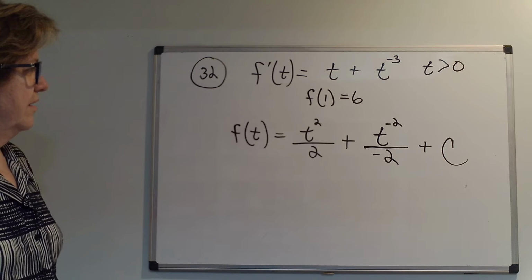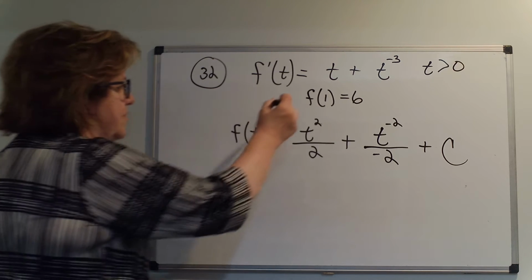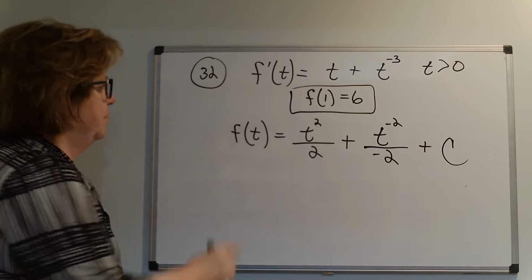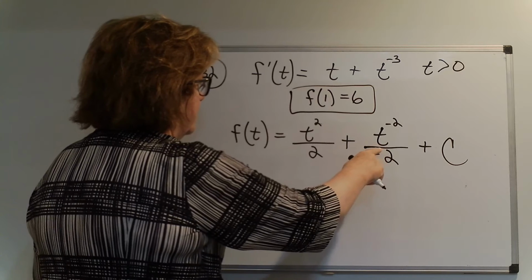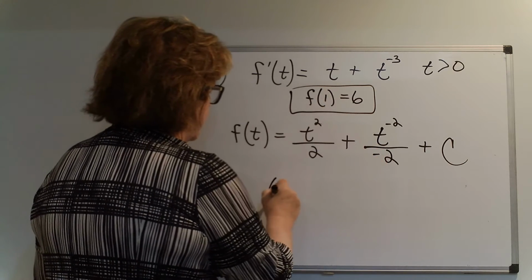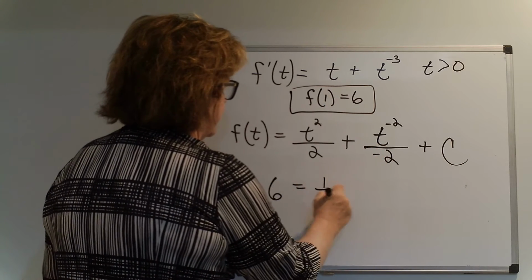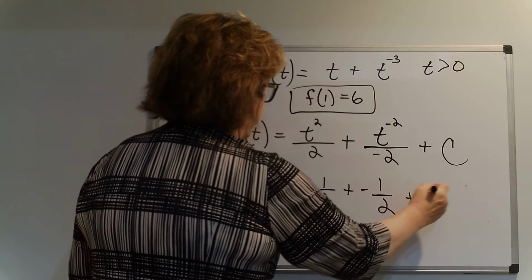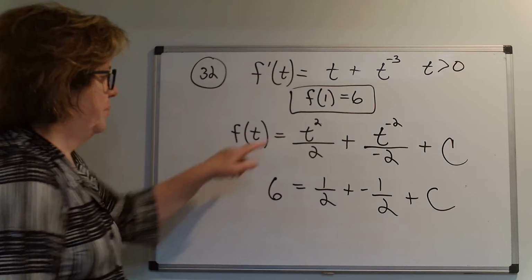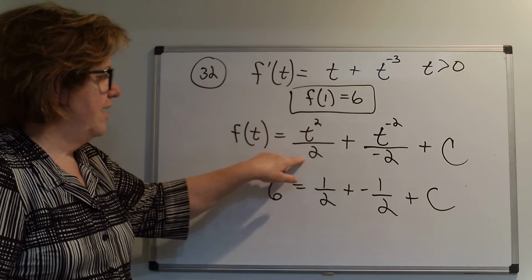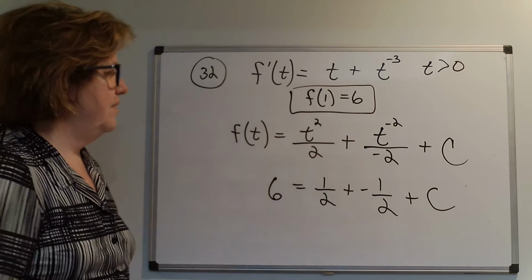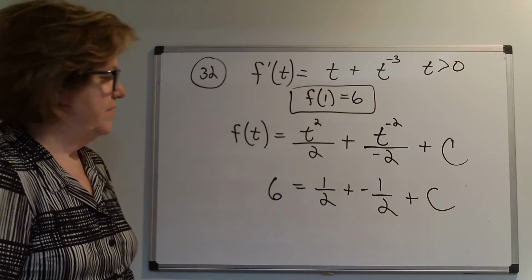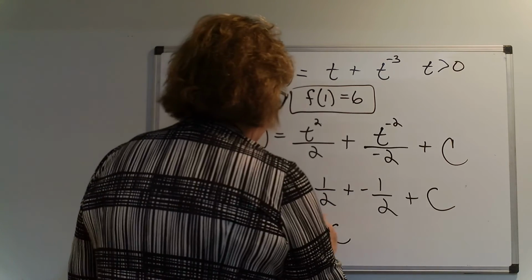Okay. But now, using this information, we can get that constant. I'm going to put in a 1 for t. When I put in a 1 for t, I'm supposed to get 6. So I put in a 1 for t here, I get 1/2. I put in a 1 for t here, I get negative 1/2. 1/2 plus negative 1/2 is 0, so c is 6.